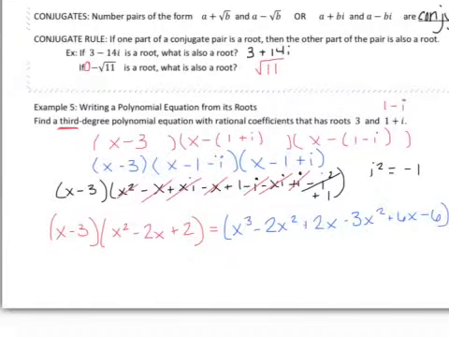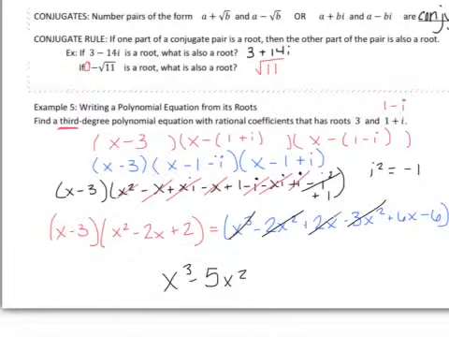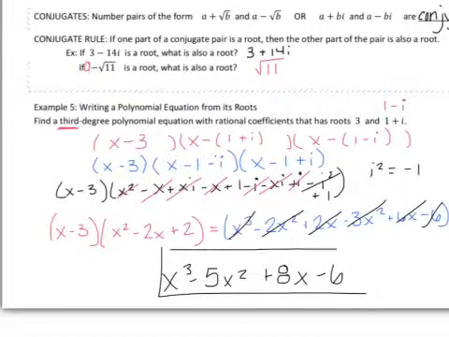Those are multiplied. So now simplify one more time. All right. Only one x cubed term. These together make negative 5x squared. These together make plus 8x, and minus 6 is at the end. Woo! There's our polynomial that has the roots of 3, 1 minus i, and 1 plus i.